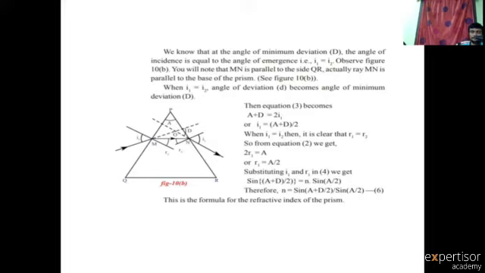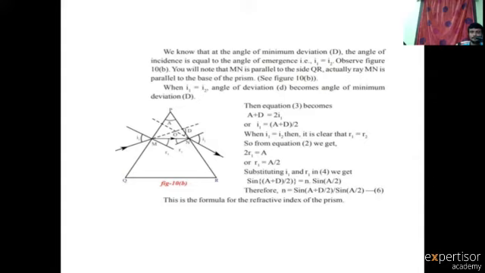From the relation A plus d is equal to I1 plus I2, small d is converted into minimum deviation capital D. So A plus D is equal to I1 plus I1, that gives A plus D is equal to 2 I1.